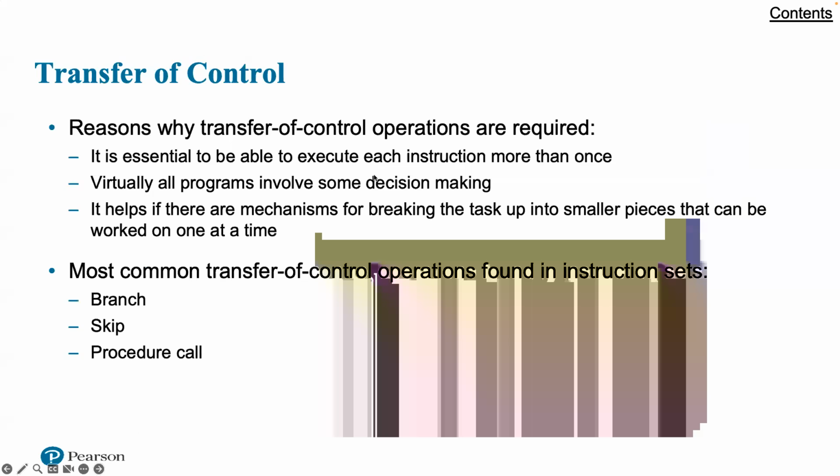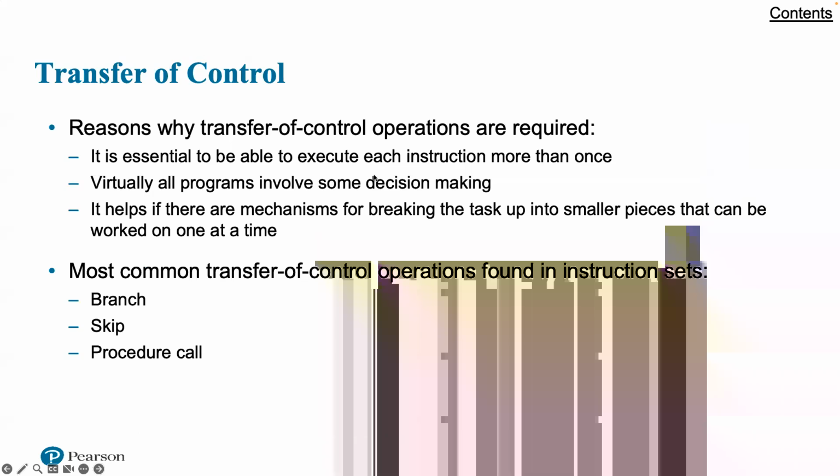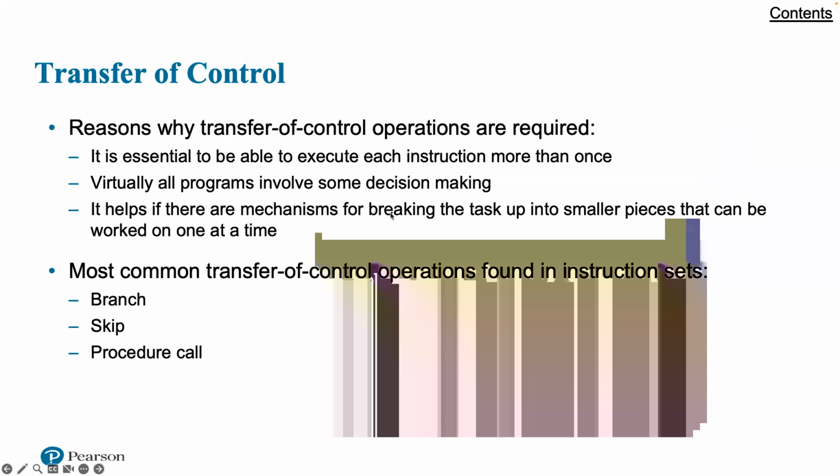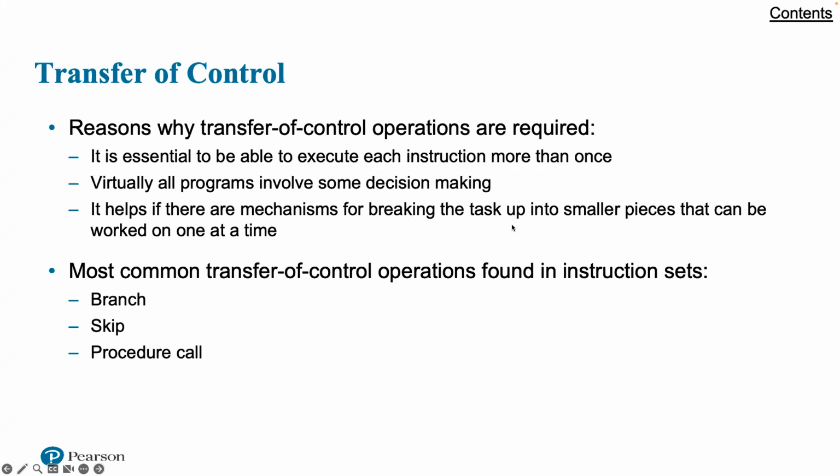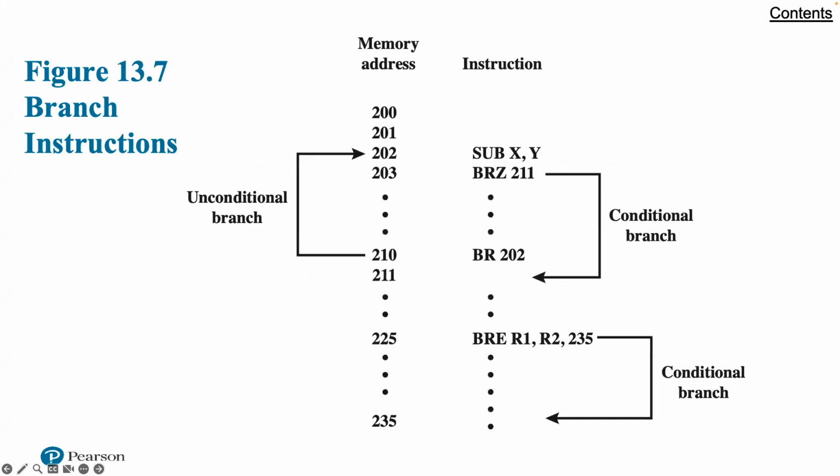So the transfer control operations required are essential to be able to execute each instruction more than once, if that's what's needed. And so you can do branching, you can do skips, you can do procedure calls. Those are all things that are possible. And this just gives you an example of the types of branching. So an unconditional branch, so basically a jump, go to another line.